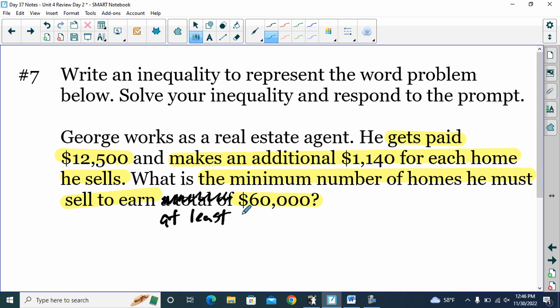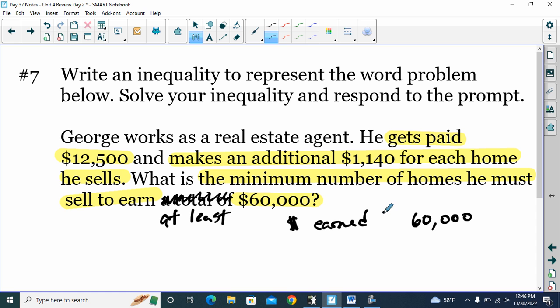So we are looking for the amount of money that George earns, dollars earned. And we are comparing that to $60,000. That's how much he wants to earn. So money earned, we are comparing to 60,000. And we want to think about which of those needs to be bigger.